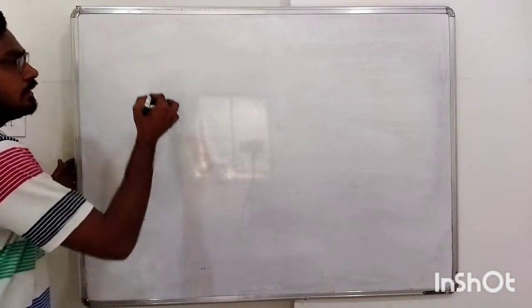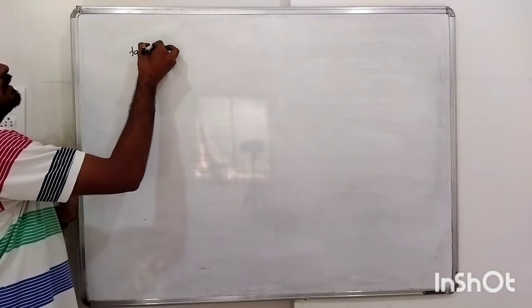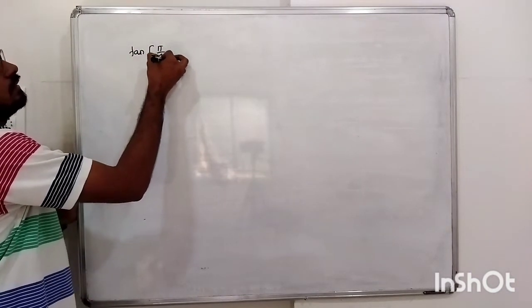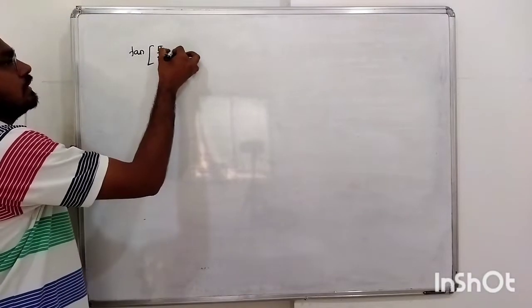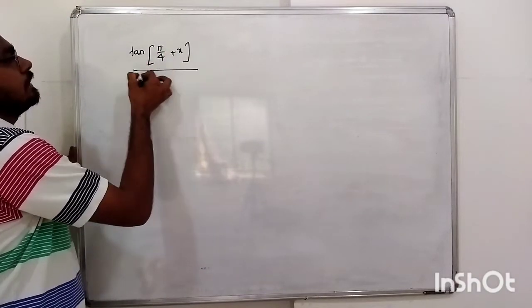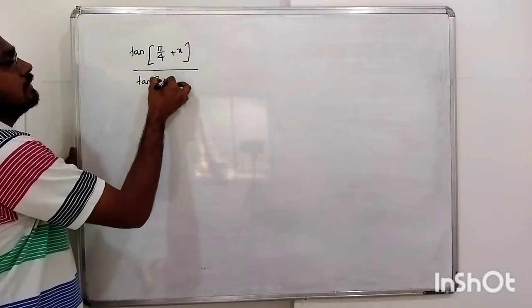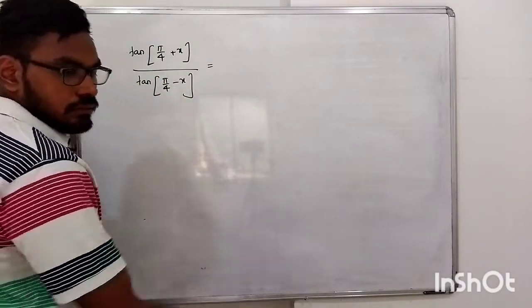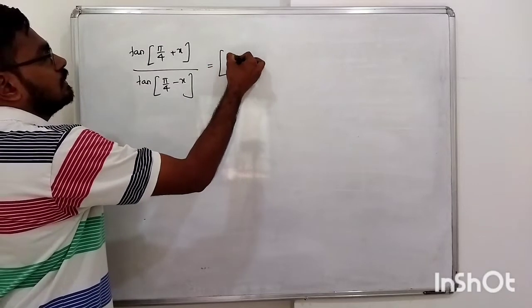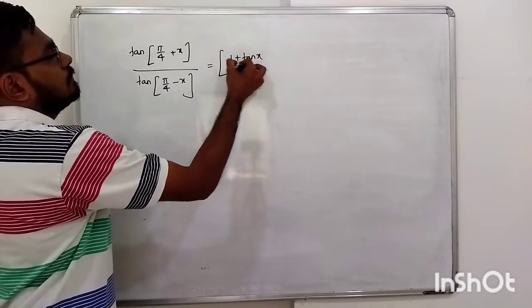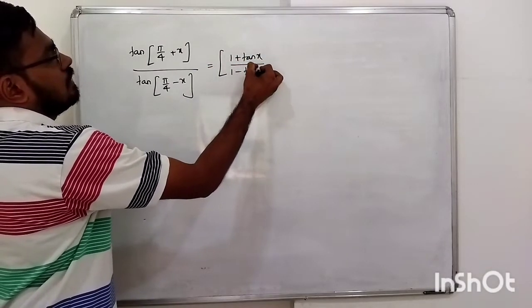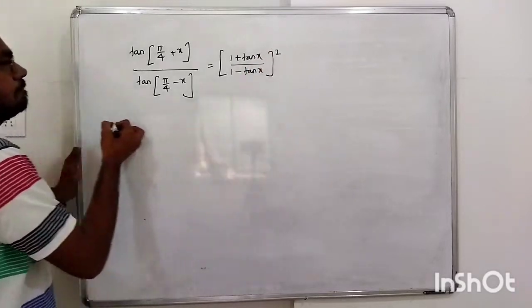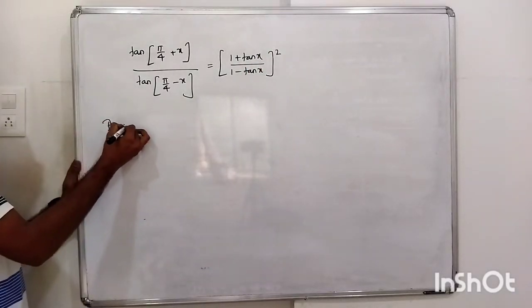Okay, so the last problem: tan of (pi by 4 plus x) upon tan of (pi by 4 minus x). You have to prove this is equal to ((1 plus tan x) upon (1 minus tan x)) the whole square.